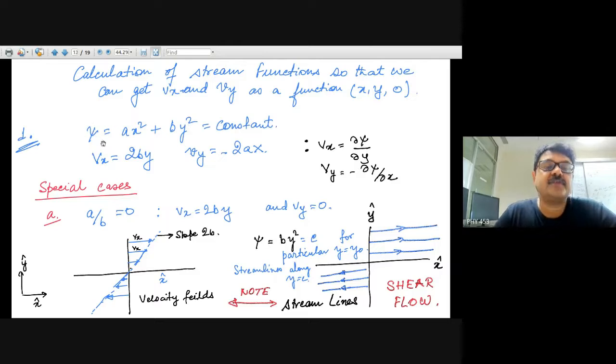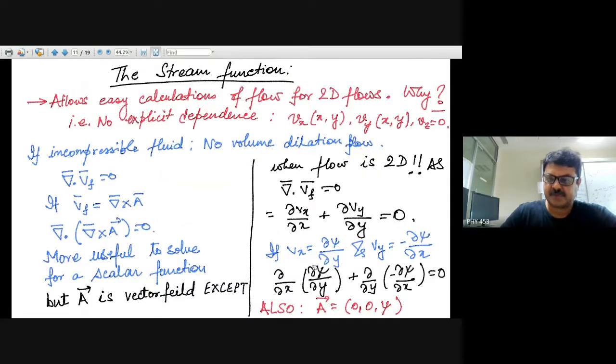But once you have your stream function, and suppose its functional form is something like ax squared plus by squared equal to constant, then by taking the suitable derivative with respect to y, you get vx equal to 2by, and taking the derivative with respect to x with a minus sign, you get vy equal to minus 2ax. These are the two formulas that we derived here.